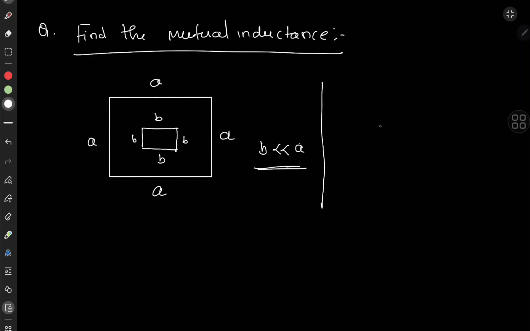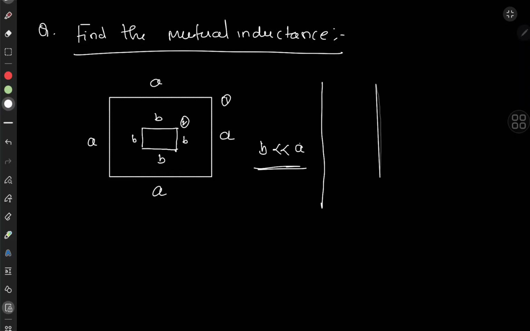Now what we have to do is find the mutual inductance on the second coil. Let's call this the first coil and this the second coil. On the second coil from the first coil, we are going to find it out. Now how to do this? We know the magnetic field produced by a single rod.